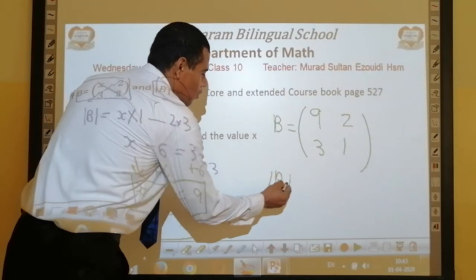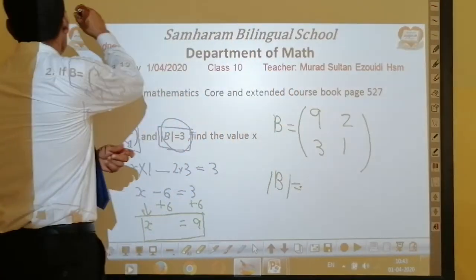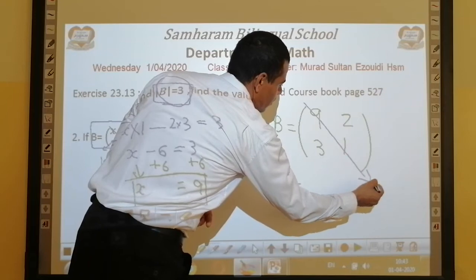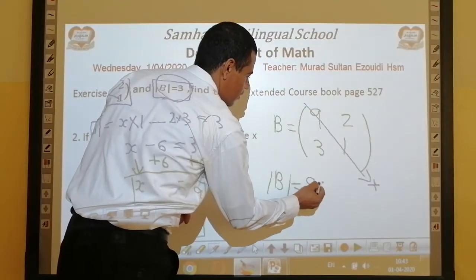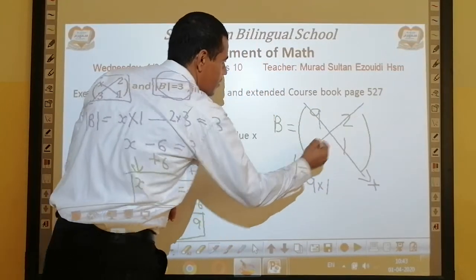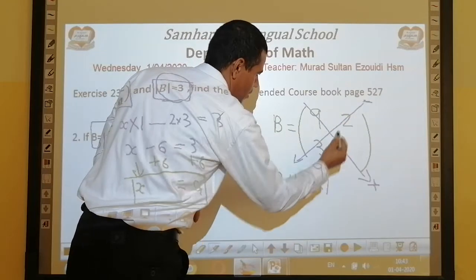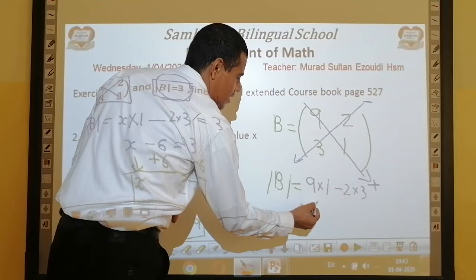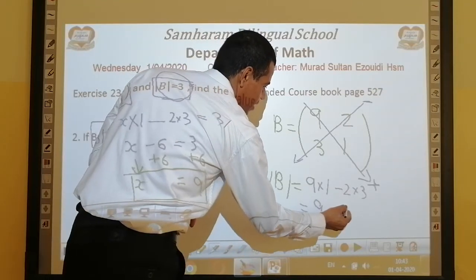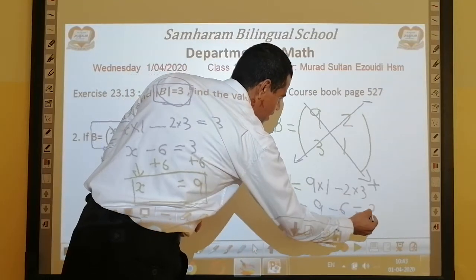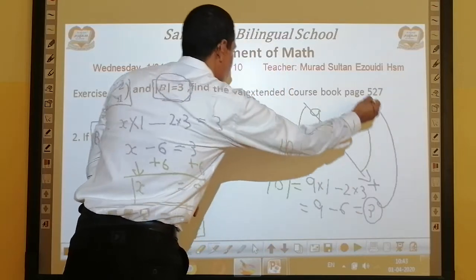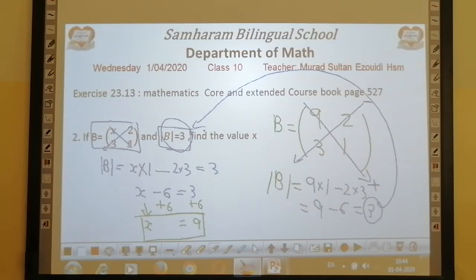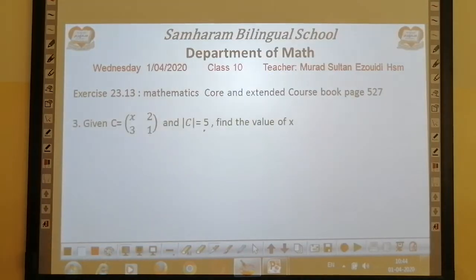So, B equals 9 multiplied by 1, minus 2 by 3. So 9 by 1, my kids, is 9. 2 by 3 is 6. 9 minus 6 is 3. Is it the same as that? Of course, yes.